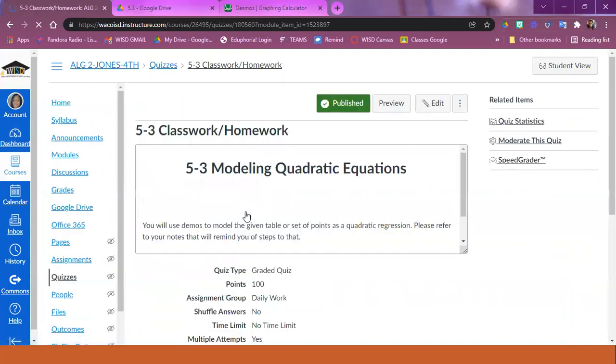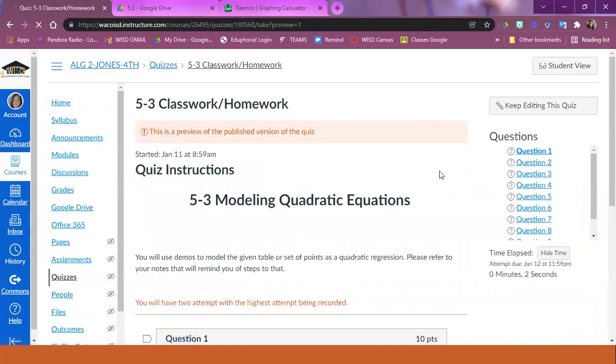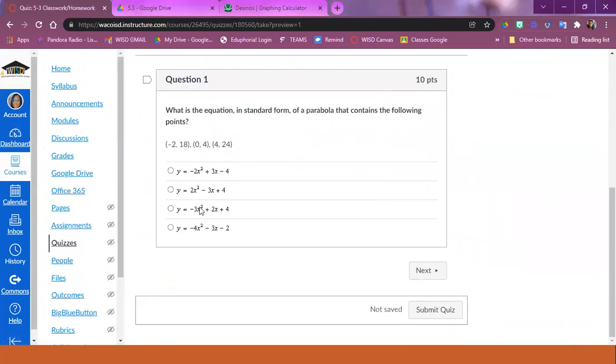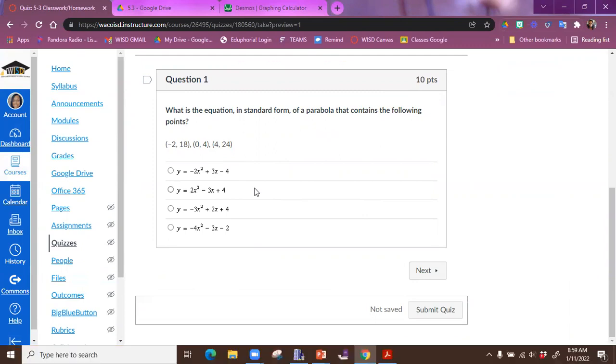I'm going to click on it. And you have practice. So you are given the points and you're going to find the regression. Okay. So that becomes second nature to you. So that Y1 squiggle line, AX1 squared plus BX plus C becomes second nature. Okay.